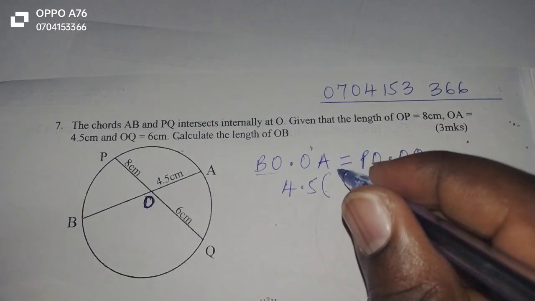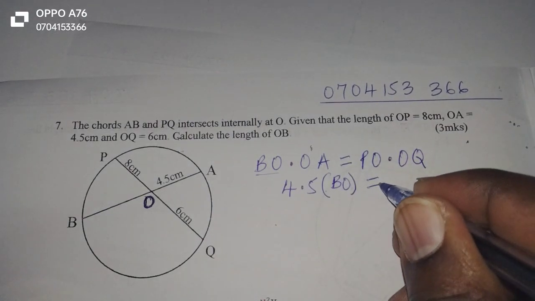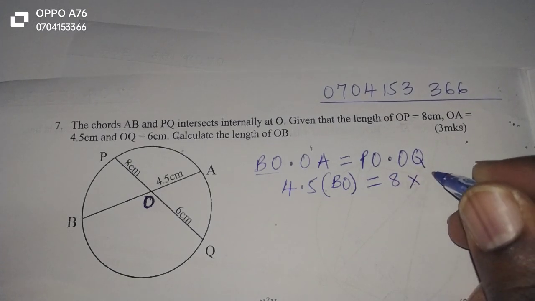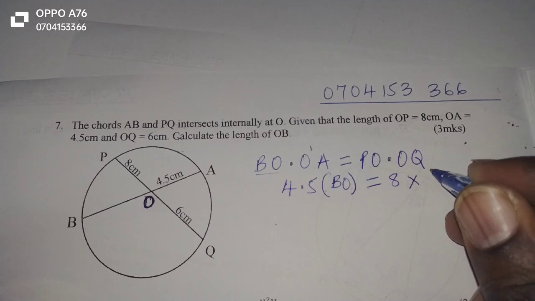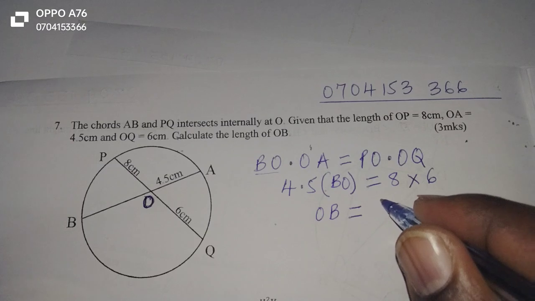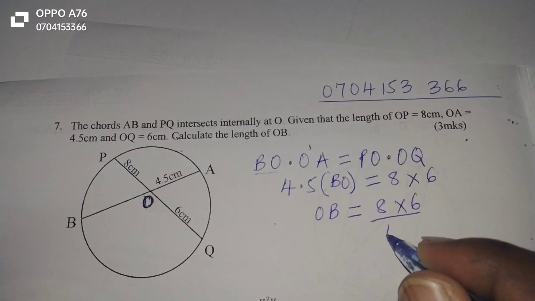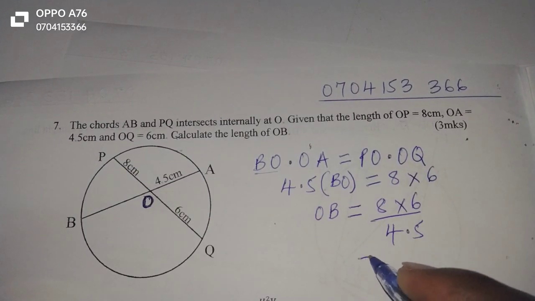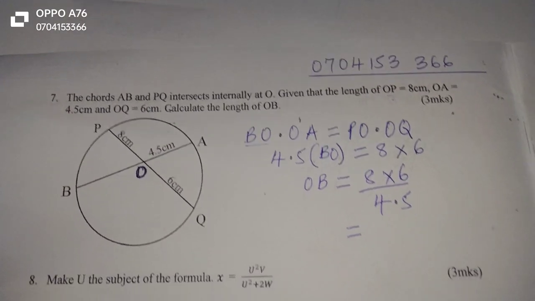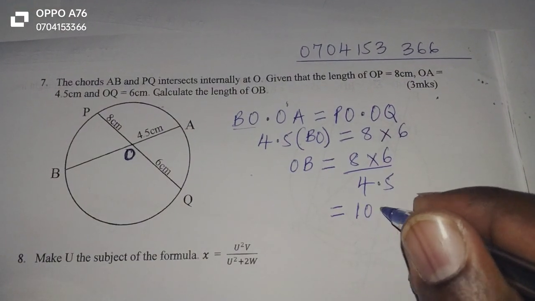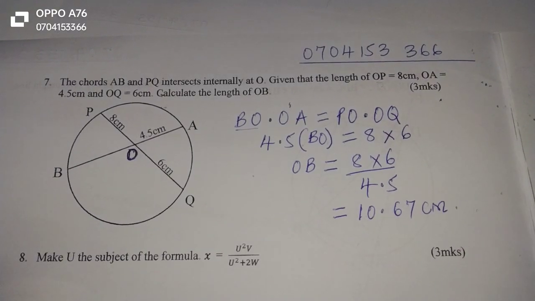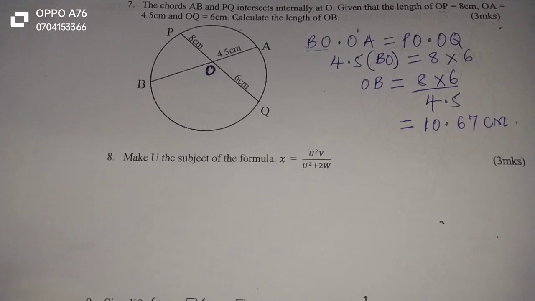So when we multiply it with the unknown BO, we should obtain the value of PO, which is 8, multiplied by OQ, which is 6. So we should remain with OB or BO as a length when we take 8 by 6 and we divide by 4.5. And this is going to give us exactly 10.6 recurring. So we can talk about 10.67 centimeters to 4 significant figures accuracy.